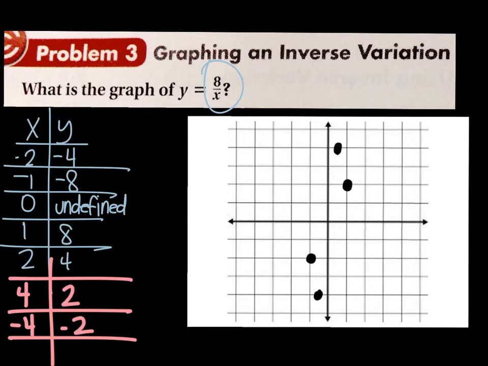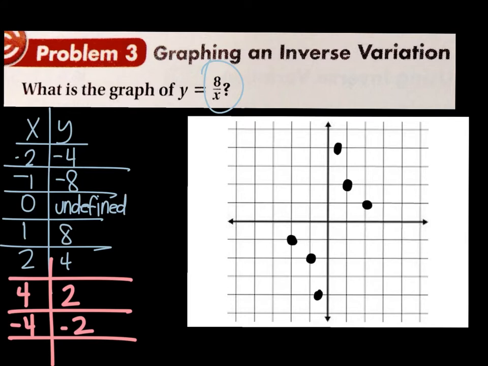So now if we graph the point 4, 2, we're going to go right 2, up 1. And if we graph the point -4, -2, we're going to go left 2, down 1.